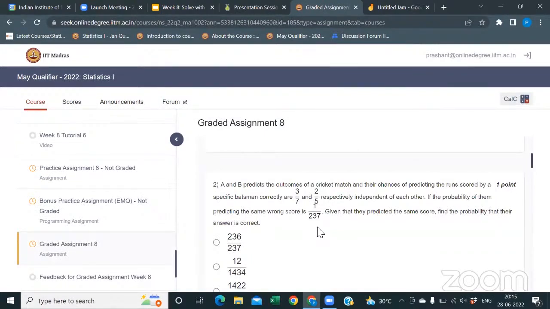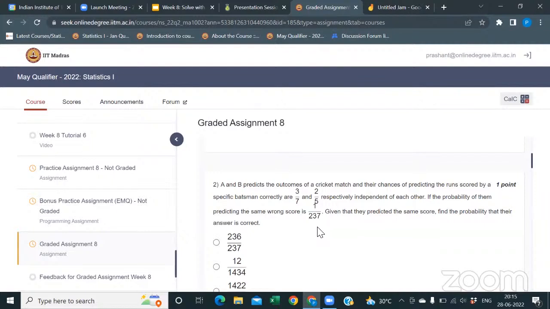The probability of A getting a correct answer and probability of B predicting a correct answer are given, and both are independent events. Now they have given that the probability that A is also wrong and B is also wrong, that is P of A complement intersection B complement, is 1/237.